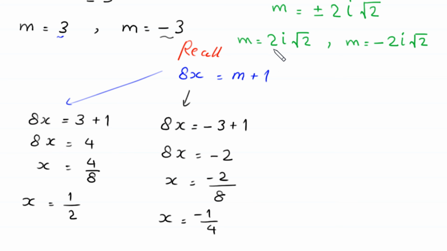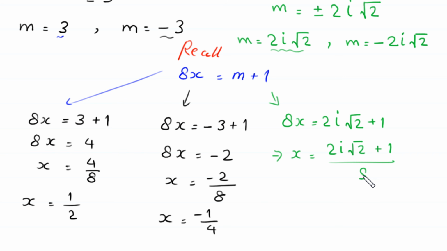Now when m is equal to 2i times root 2, then this equation will become 8 times x is equal to 2i times root 2 plus 1. This implies that x is equal to (2i times root 2 plus 1) divided by 8.